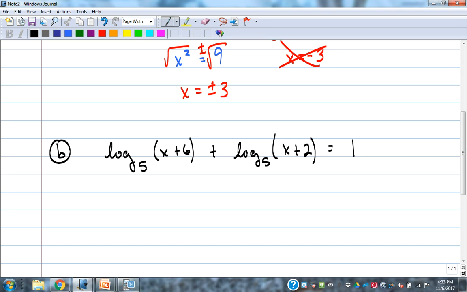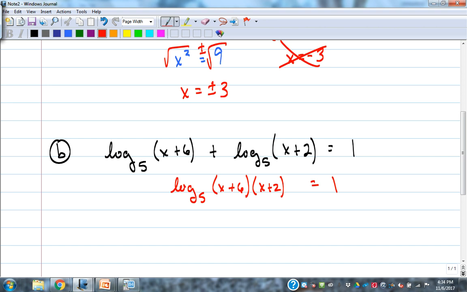I've got two logs on the same side. They're the same base. They're tied together with addition. How could I combine them? Multiplication. So this is really log base 5 of x plus 6 times x plus 2 equals 1.